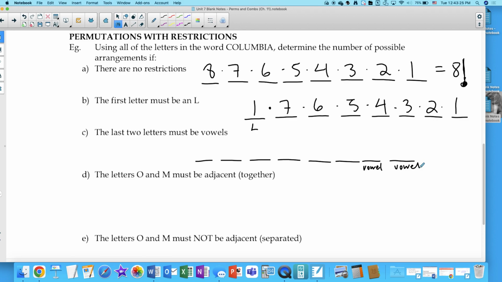There's 4 vowels in this word. So it's O, U, I, and A. Right? Okay, so once we place that one, how many options do we have for the last letter? 3. Yeah. Okay, so we've done the restrictions.